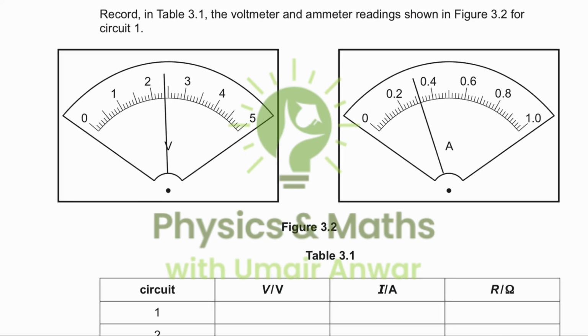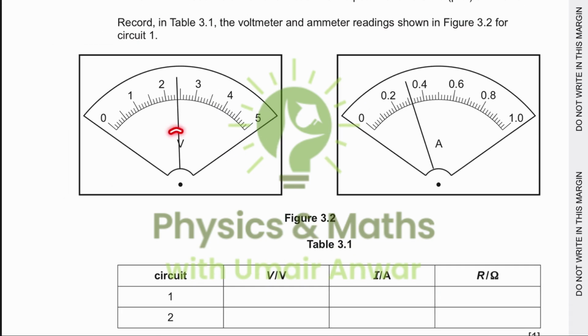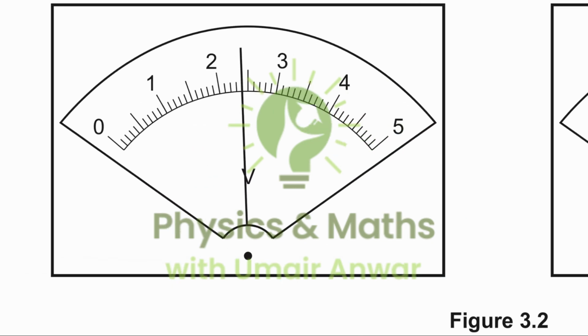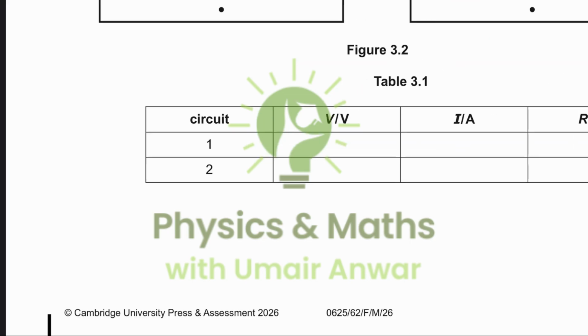Now, which one is the ammeter and which one is the voltmeter? We have to recognize it by seeing the unit. This one is the ammeter, which has a unit of A, amps, and the second one is a voltmeter. It has a unit of V, volts. For the voltmeter, we can see that there are 10 graduations between 2 and 3, so every graduation is 0.1 volts. So the reading is 2.4 volts for circuit 1.